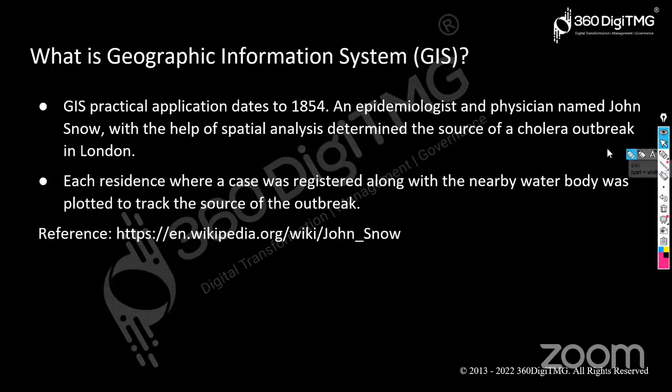It originated way back in 1854. This is where the application was first seen by the world. It was implemented in an outbreak, basically. It is epidemiology, a pandemic kind of scenario.